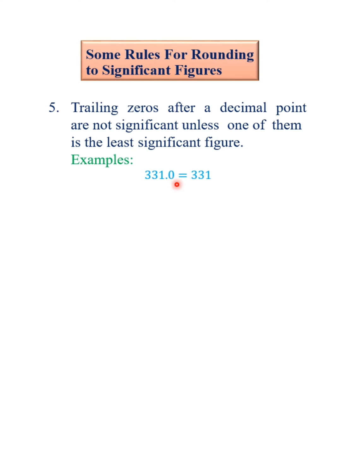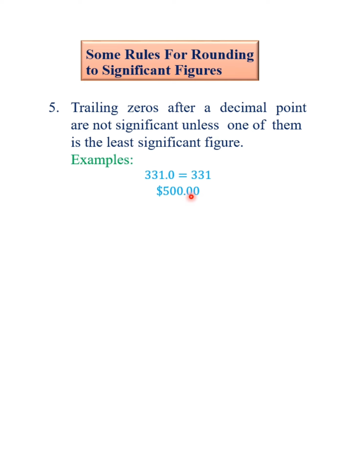However, it's not always the case unless one of them is the least significant figure. Let's look at how we can explain this. If you are to write $500, for instance, this is the appropriate way to write it: $500.00. Even though this 00 does not change the value of the money, it is still $500. It is important, it is significant because these are the place where you can find the cents.